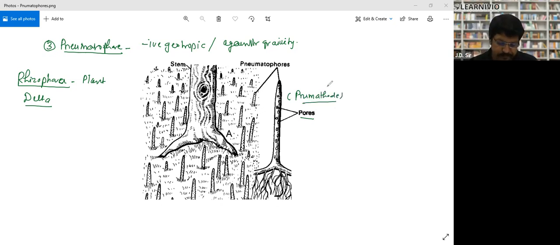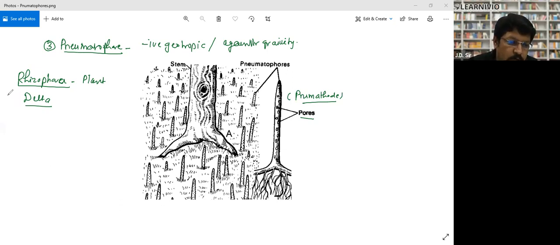Please note it down. Nematophores. They are called respiratory roots. Full stop. They help in breathing of the plant. Full stop.